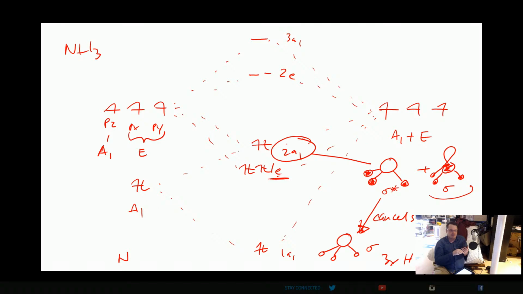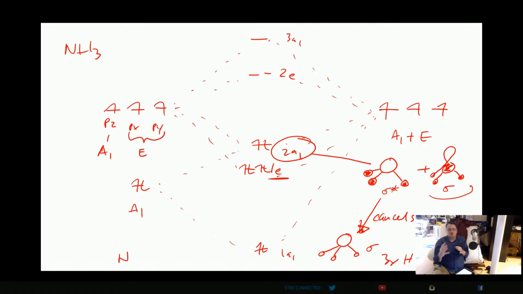The atoms have to be the right distance away from each other that allows them to form bonds. The orbitals have to be energetically close enough for them to form molecular orbitals, around 15 electron volts. And then the last thing is that they have to have the right symmetry.